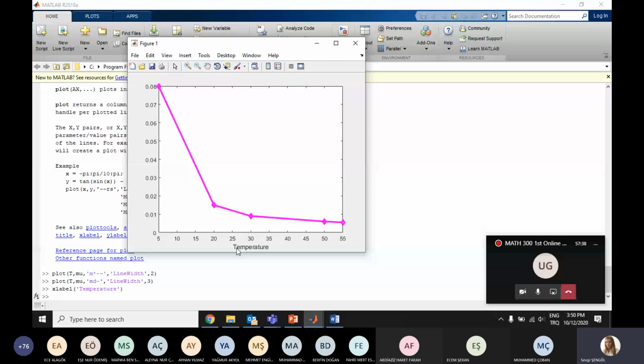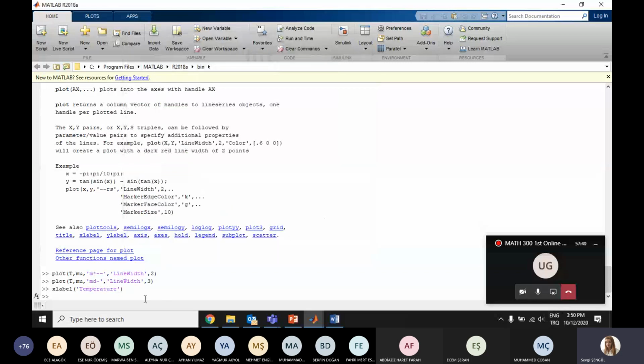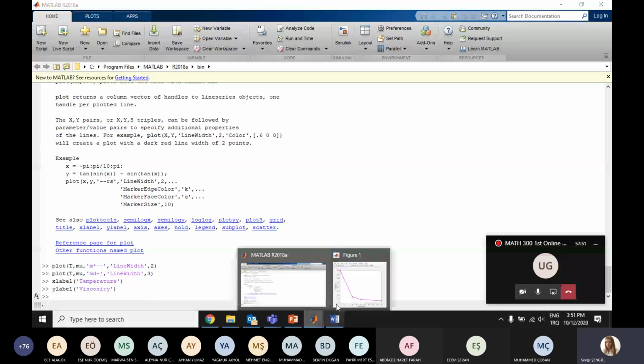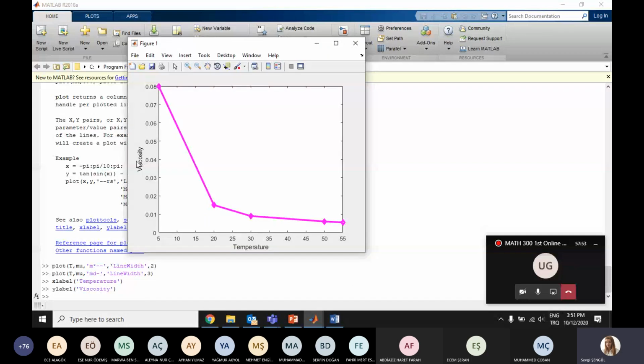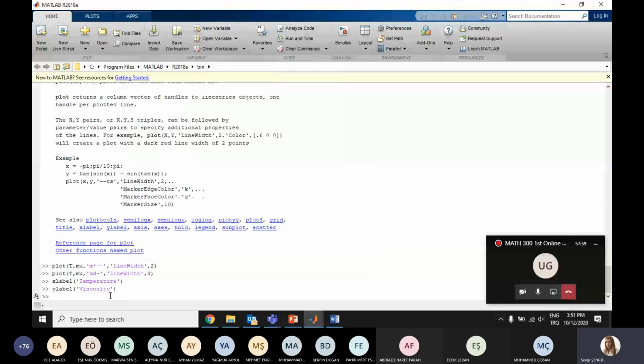It did temperature here. See? And you can put Y label. And this was viscosity, right? In the Y label, it says viscosity. And you can put title.